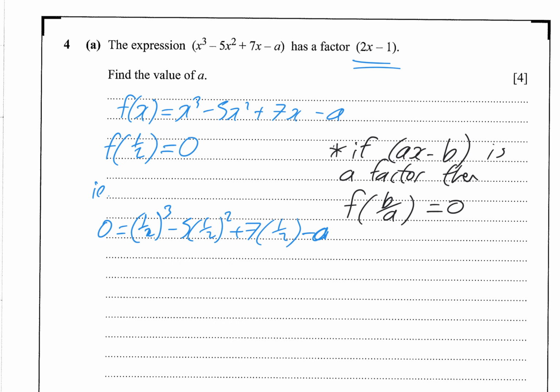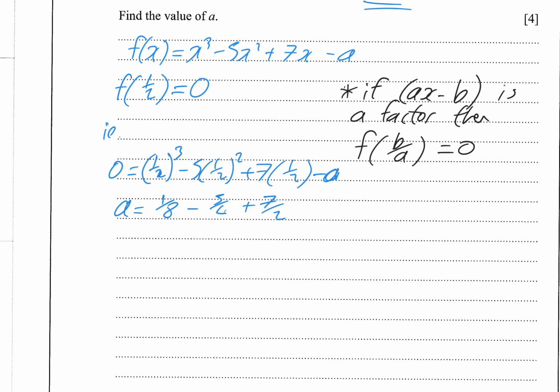Let's fire that a across the other side. You're just going to have a is equal to, what's a half cubed? 1 over 8. A half squared is a quarter, so that's minus 5 quarters plus 7 over 2. And then just fire that in, so we've got 1 divided by 8 minus 5 divided by 4 plus 7 divided by 2 is equal to 19 over 8. I'm going to write my a as 2 and 3 over 8.